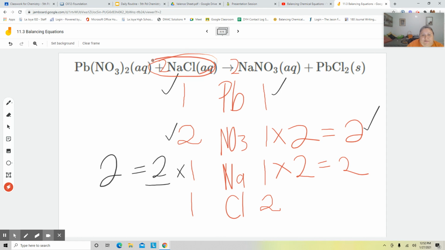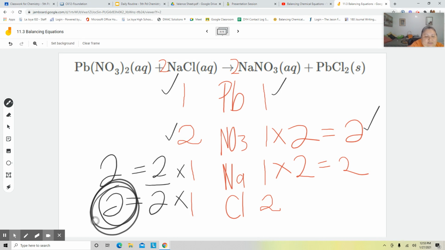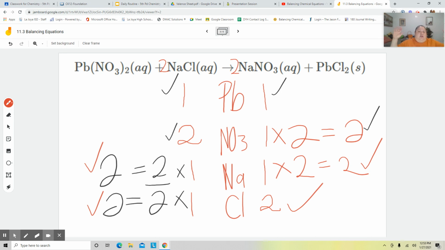What happened here when I put that 2 in there? Who else also got multiplied by 2? Okay. The chlorine also got multiplied by 2. But isn't that what we need? Yes, ma'am. I do. Why? Because this 2 needs to match, not cancel out. It needs to balance with it, right? So now my 2's are balanced, my chlorines are balanced, and we're done.